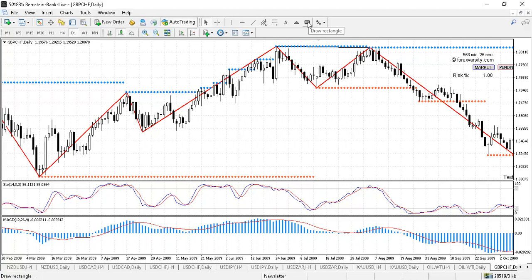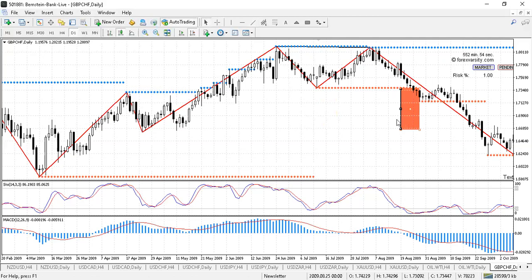Quite a nice tool that I use. I like to use the rectangle tool to do this. So if we do that, we measure it right up there. The reason I like the rectangle tool is because I can use it to get a prediction of where the market is likely to go. The rules of a double top say that if you measure from that distance to that distance, then the market should, once it breaks that horizontal level, go the same distance again.